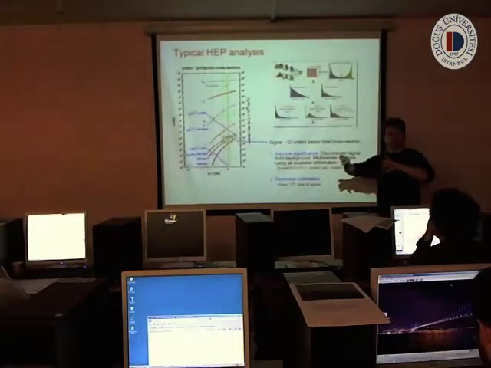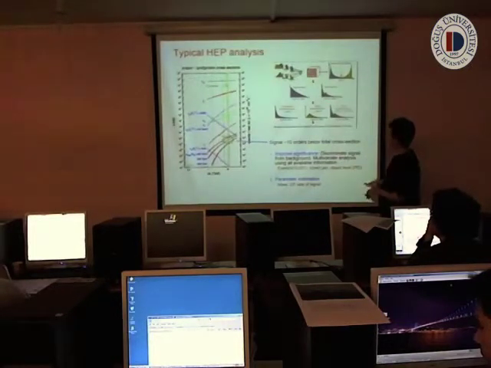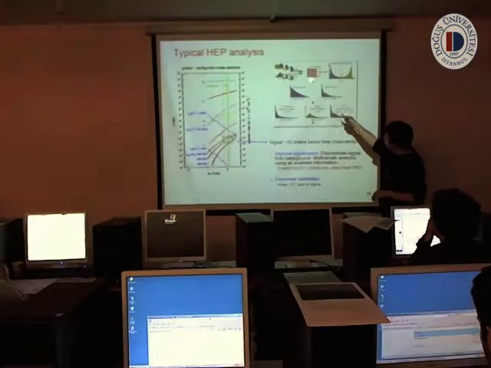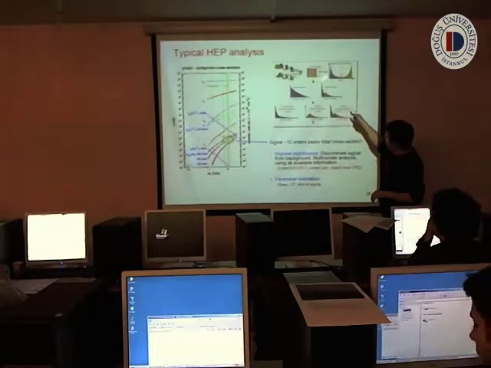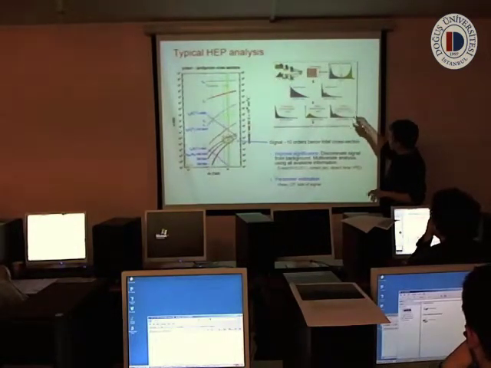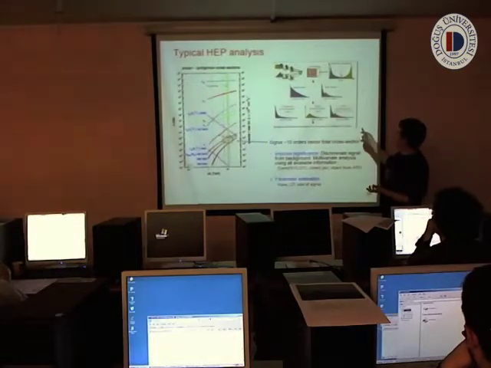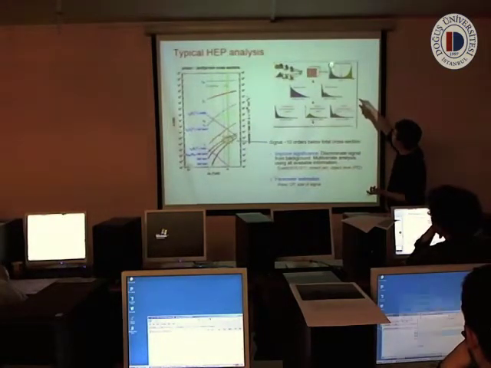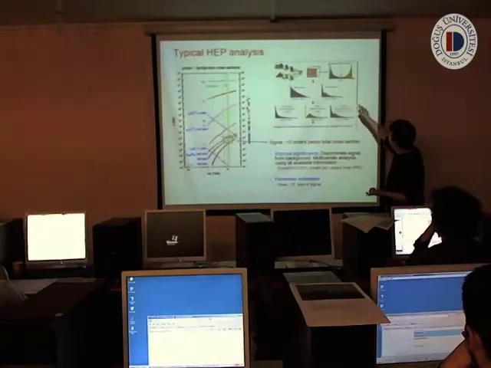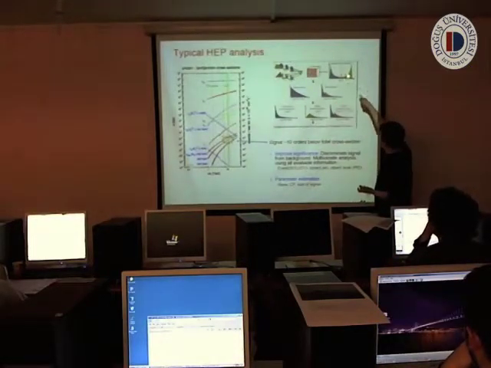Anything that might have a discrimination power between signal and background. Then you put this into, in this example, a neural network, and the neural network takes the maximum of information out of all these and provides you basically one output with the signal on the left side and the background on the right side.